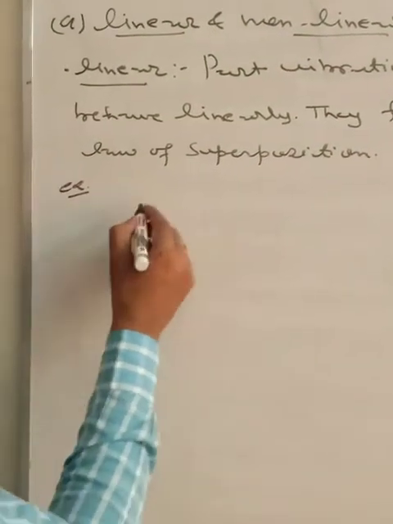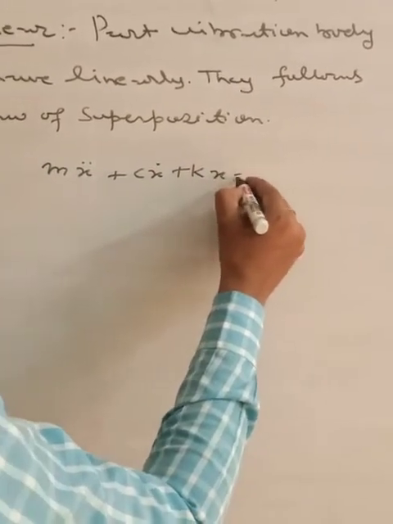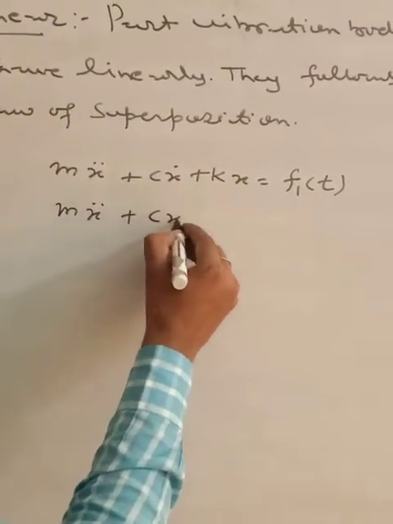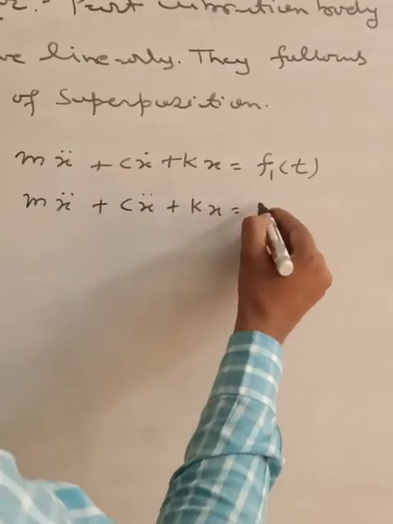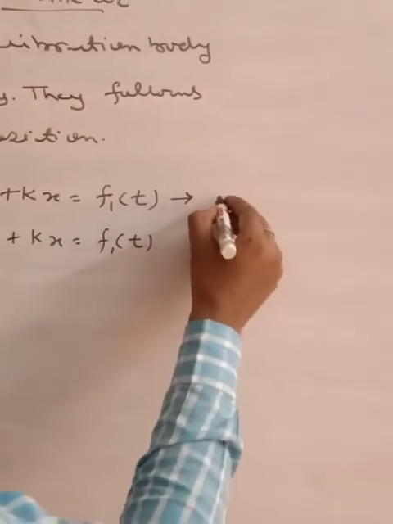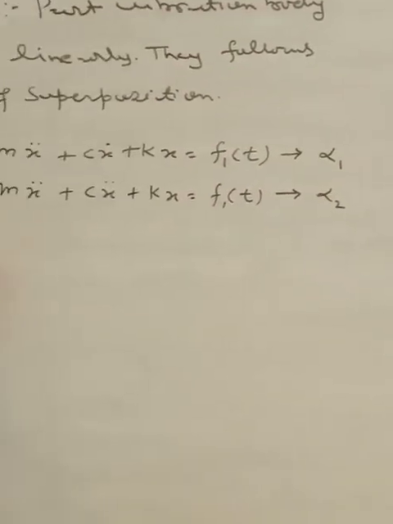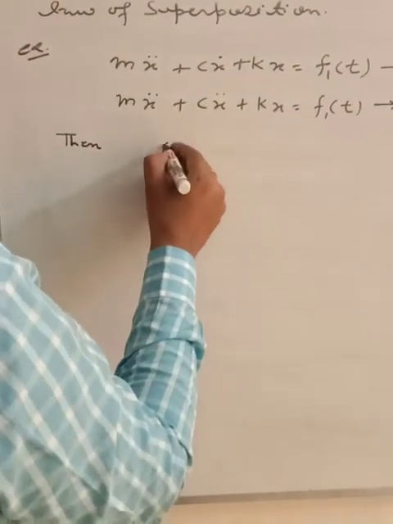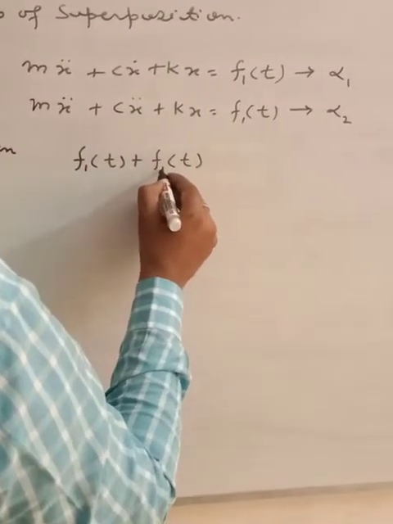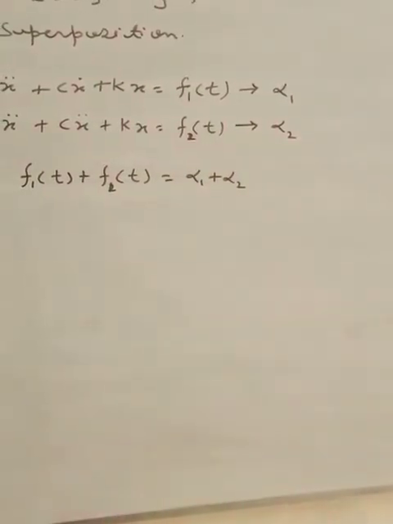For example, if any equation is a function of this and another equation is a function of this, and the solution of the first is alpha 1 and the solution of the second is alpha 2, then the solution of the sum is equal to alpha 1 plus alpha 2.